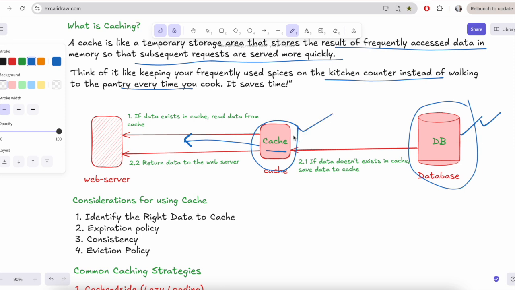The next query, or subsequent request, that comes from the client, it will serve directly from the cache instead of querying the DB again. So basically it reduces the load on the database. It improves your query time, it improves your response time, right? You get the results much faster. So that's how it helps you.